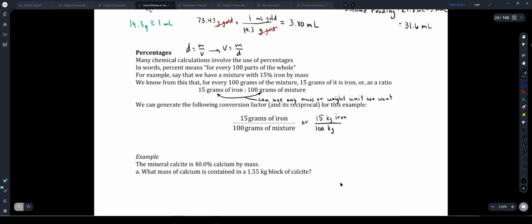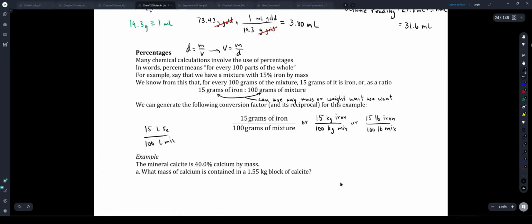I need to write the word of. Or I could say pounds even, 15 pounds of iron for every 100 pounds of mix. I could not say 15 liters of iron for every 100 liters of mixture.